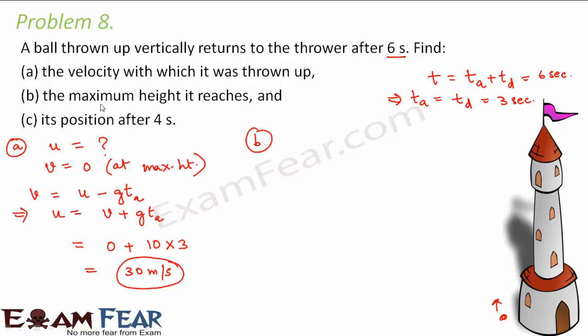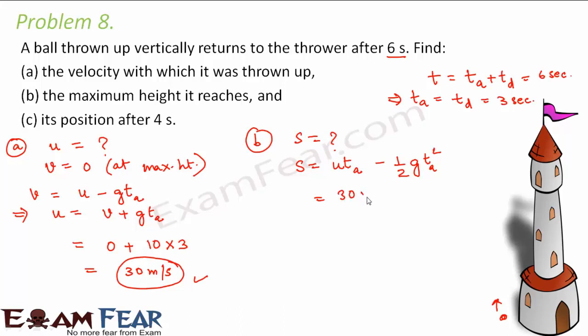Now the next part, the maximum height it reaches. So that means we have to again calculate the total displacement or the total distance that it will cover. So we will make use of the second equation, that is s is equal to u ta minus half g ta square. So u t minus half g t square. What is u? U we have just now calculated as 30 meter per second.